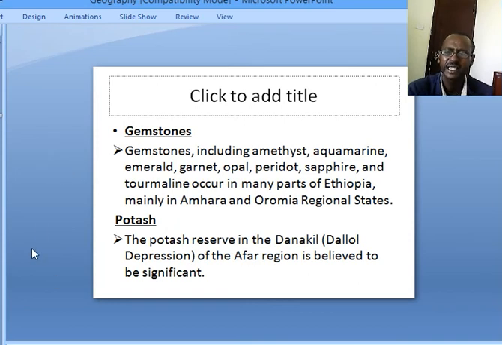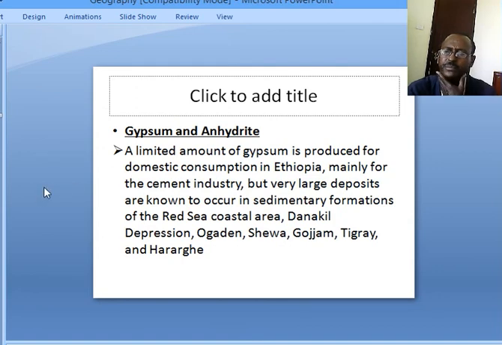There is a huge deposit of potash in this area. Gypsum and anhydrite: a limited amount of gypsum is produced for domestic consumption in Ethiopia, mainly for the cement industry, but very large deposits are known to occur in sedimentary formations of the Red Sea coastal area, the Danakil depression, the Ogaden, the Shoa area, Gojam, Tigray, and Hararge.